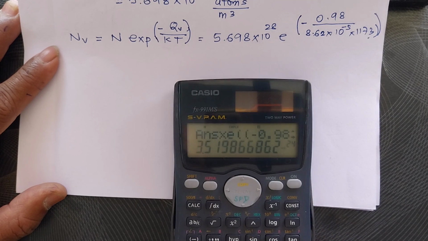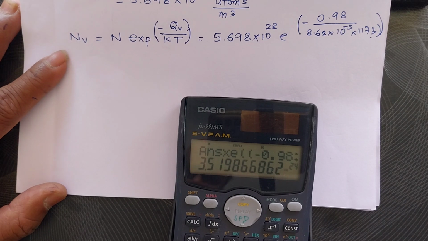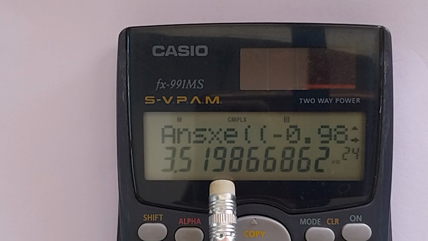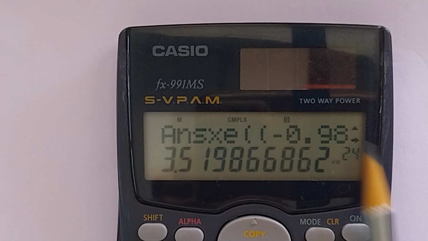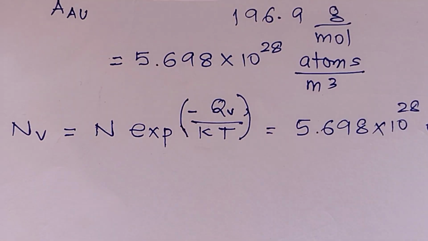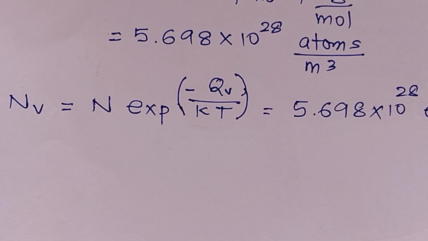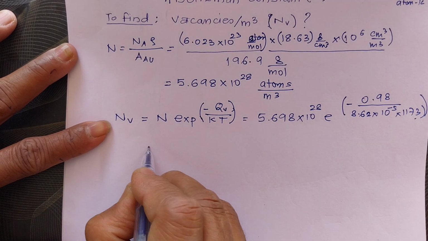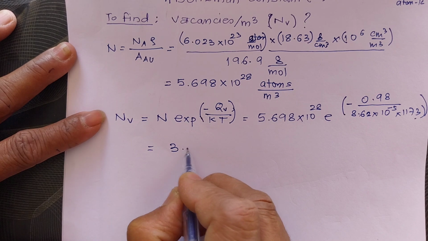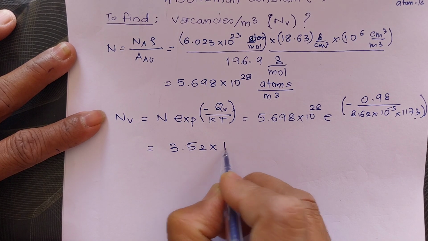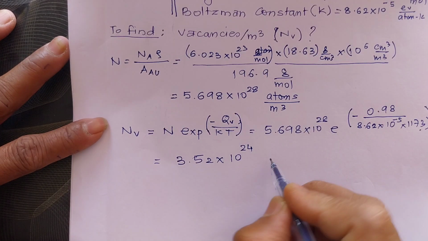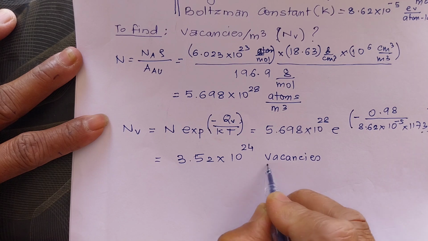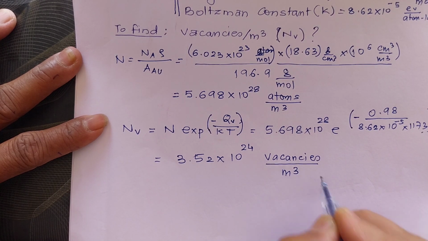That gives you 3.519 into 10 raised to 24. I'll round it off to 3.52 into 10 raised to 24, and these are vacancies per meter cube. This is the answer.